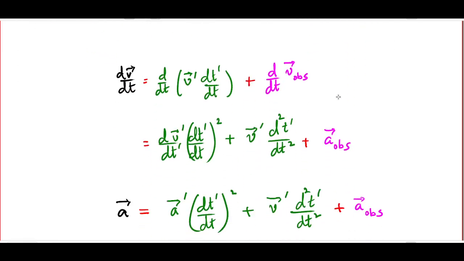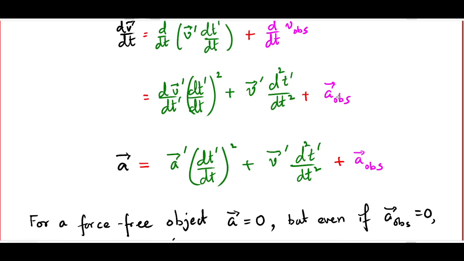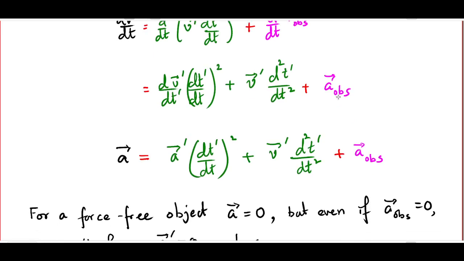But the situation that we are most interested in, suppose observer O is actually an inertial observer. So it does see a force-free object to be acceleration-free. So for a force-free object, A is 0. Now, we already know that if O prime accelerates with respect to O, and O is inertial, then O prime cannot be.